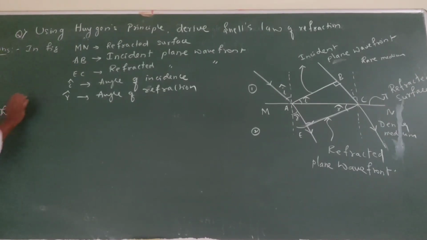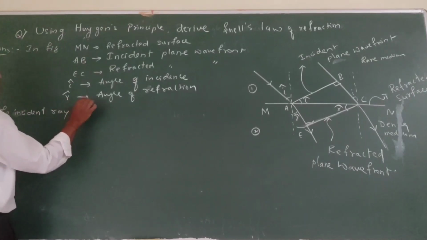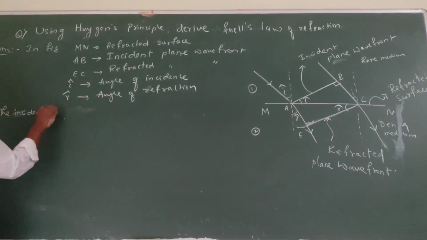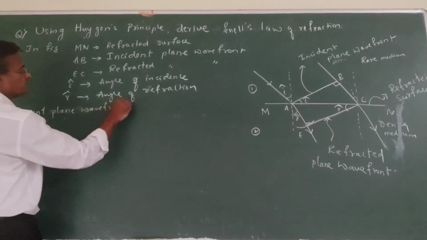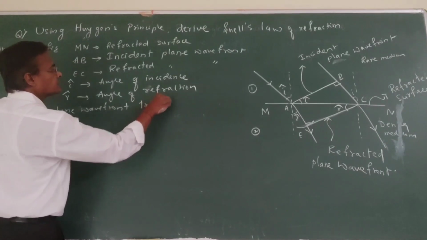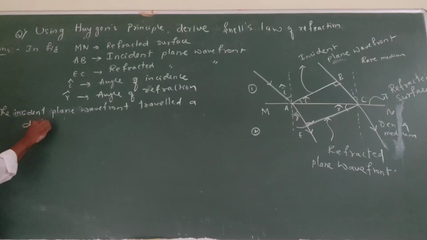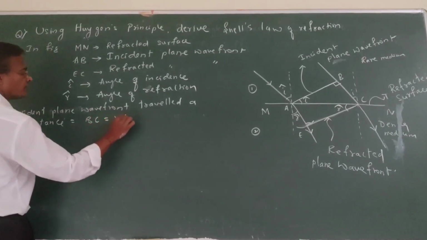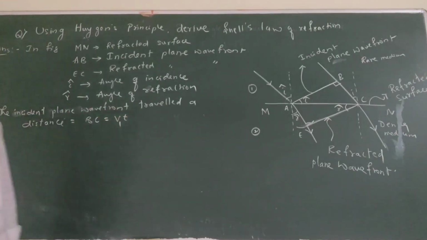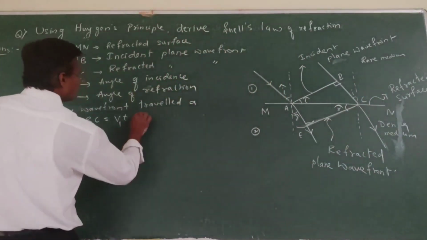The incident ray travels along the incident plane wavefront a distance BC equal to V into T. This is V1 we are going to take because it is in the first medium, so that's why V1. V1 into T. This is equation 1.